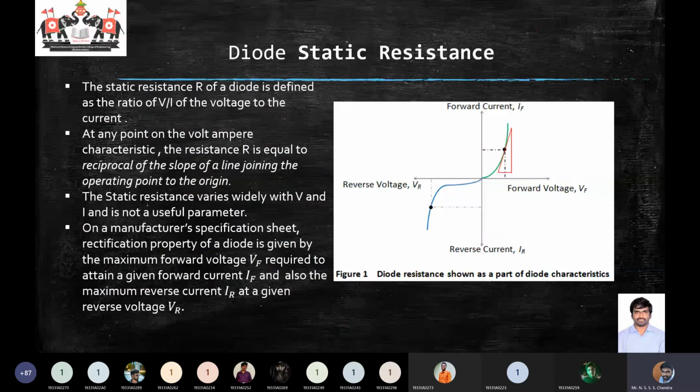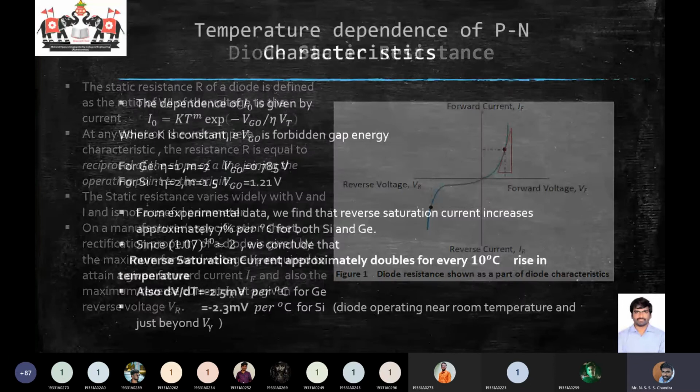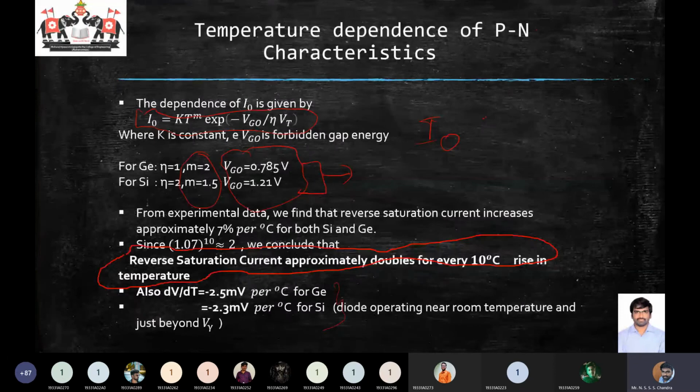And now because we have VI characteristics, from VI characteristics we can define some of the properties of the diode. So a diode will have some properties like it offers resistance like any other circuit element. It also offers some capacitance. But we may not directly observe a discrete resistor or a discrete capacitance inside your diode.